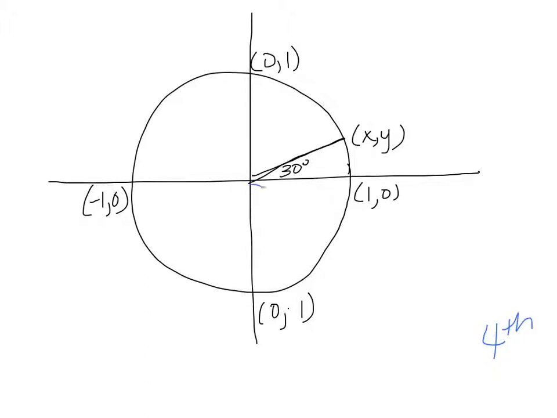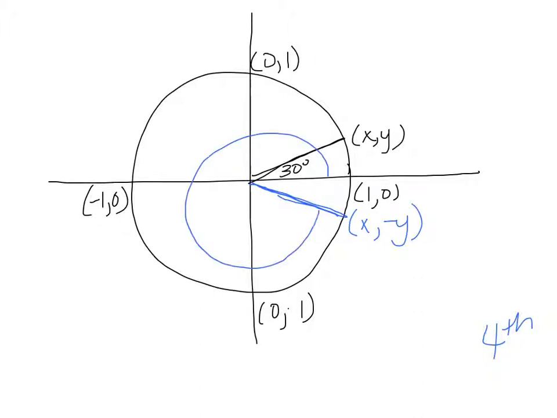So let's say we reflect that angle over so that it's still the size of a 30 degree angle. I know that's still going to have the same x value. What could you say about the y value there? It's going to be a negative. Very good. How big is that angle if we're going in the positive direction?